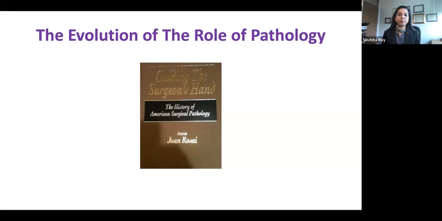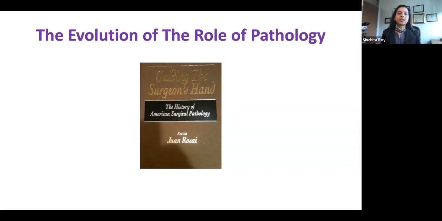And it was primarily at that point guiding these large resections, like what needs to be taken out and how the surgeon should perform, in sort of the background of what the pathologic diagnosis is, the do's and don'ts.